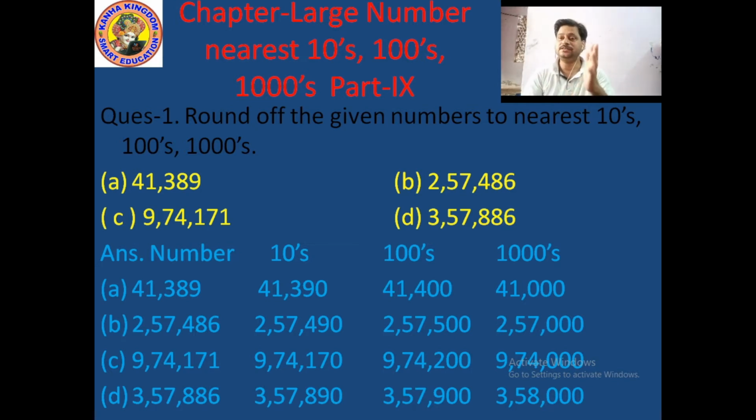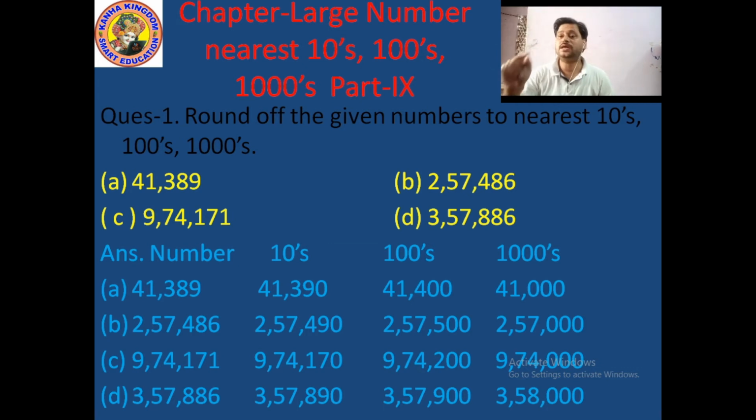So which digit is in the tens place? 8 in the tens place. So you just add one to 8. 8 plus 1 equals 9, and the ones place is converted into 0, means 90, and all the rest of the place values, hundreds, thousands, ten thousands, stay the same.